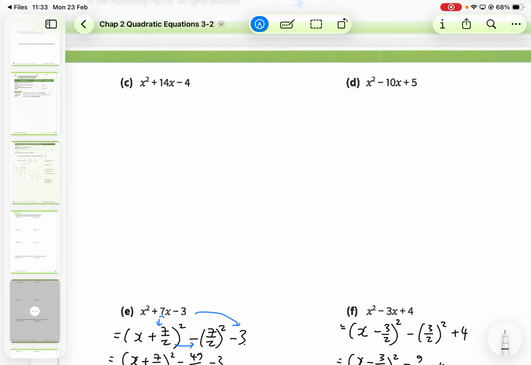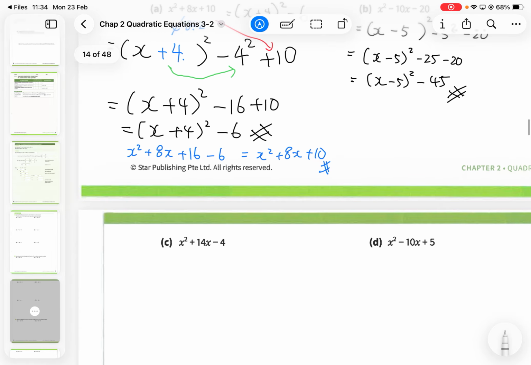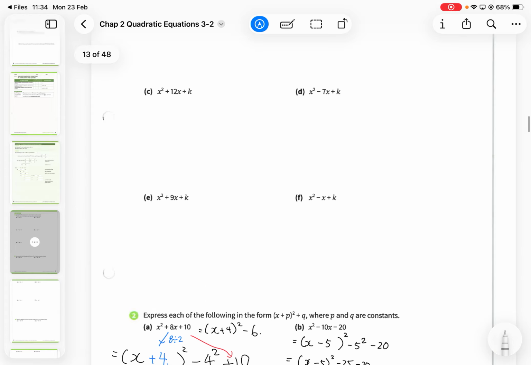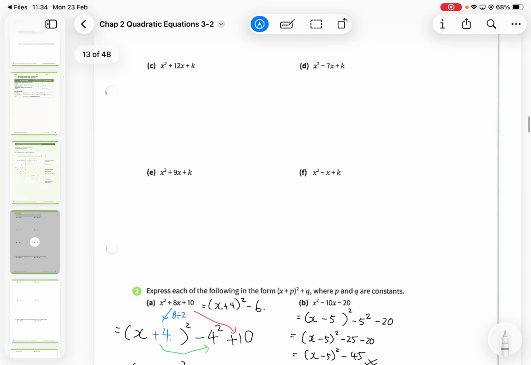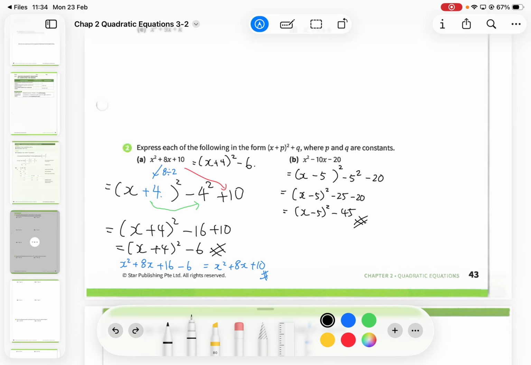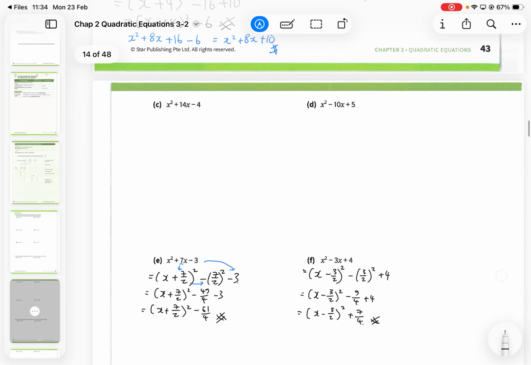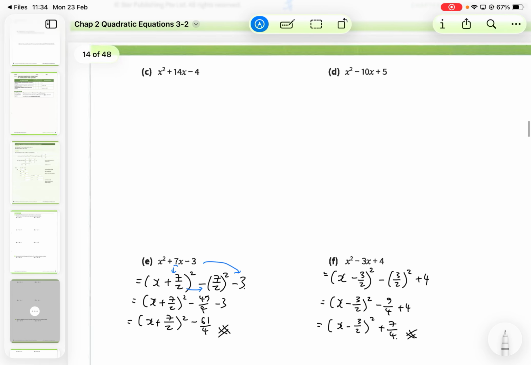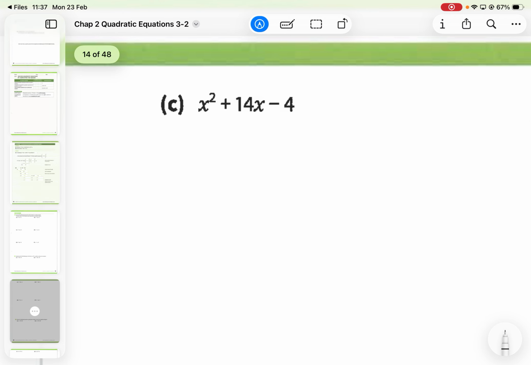This one is not an equation. I'm just rewriting this in another form. I want what is x. Okay?